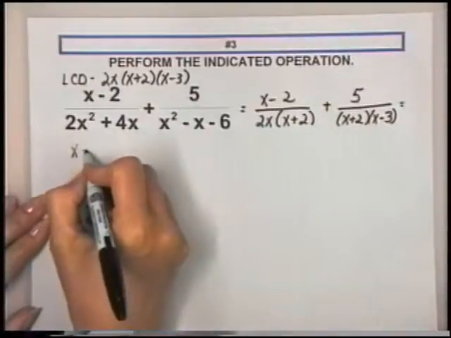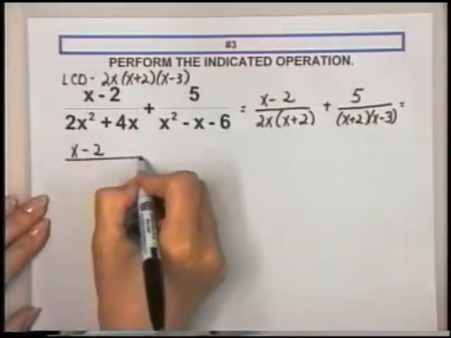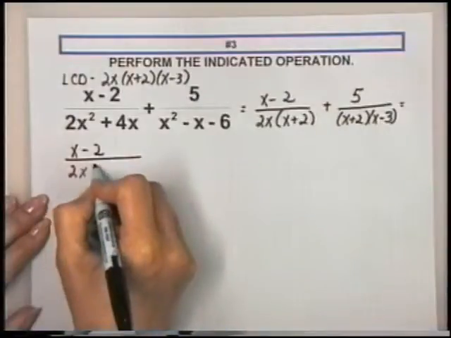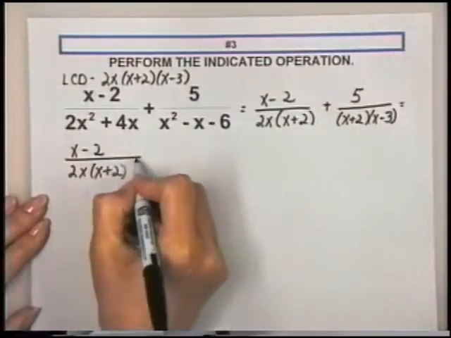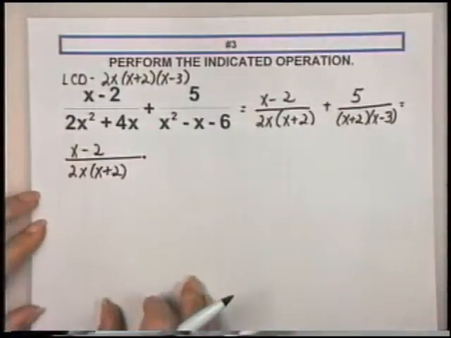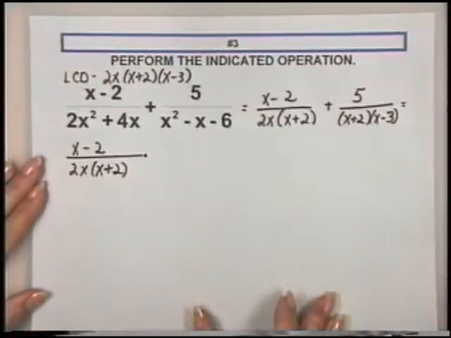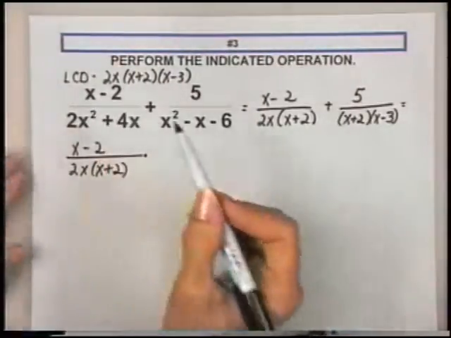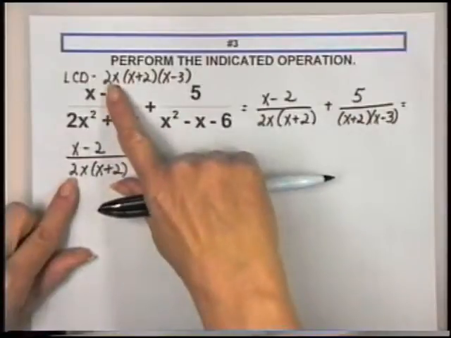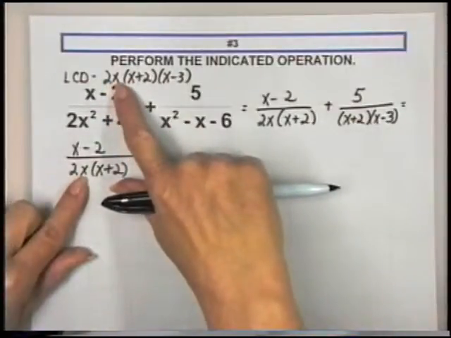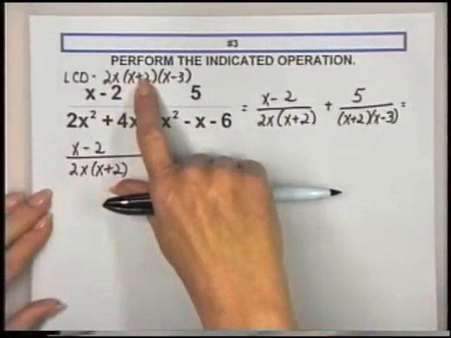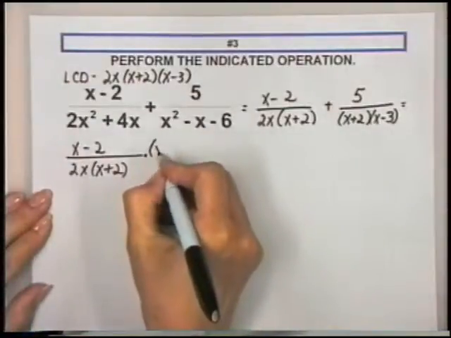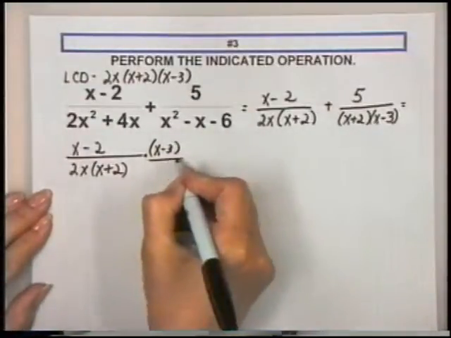Let's find equivalent fractions. Let's take my first fraction. Let's figure out what I need to multiply it by so that the resulting equivalent fraction has a denominator of my LCD. I have my 2, I have my x, I have my x plus 2.